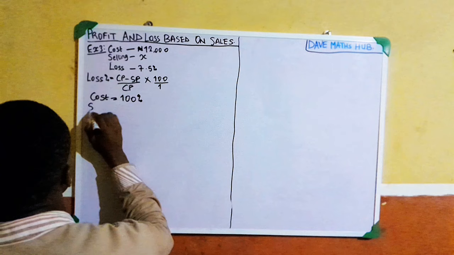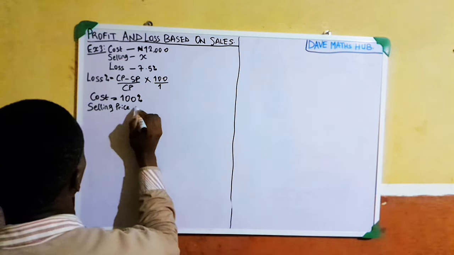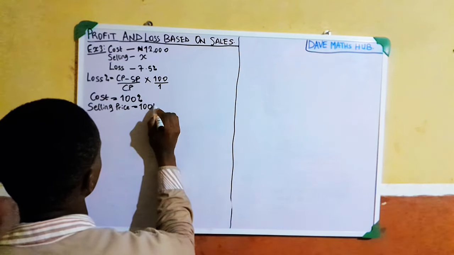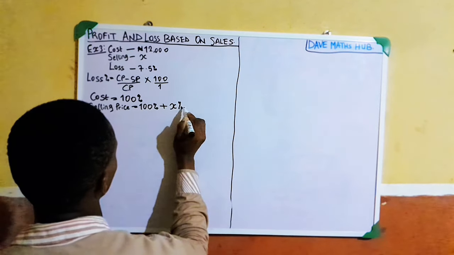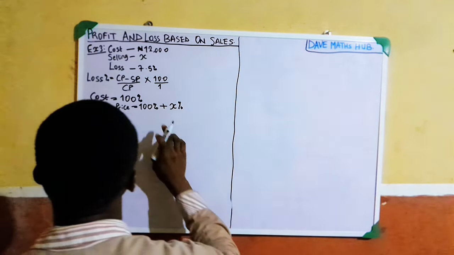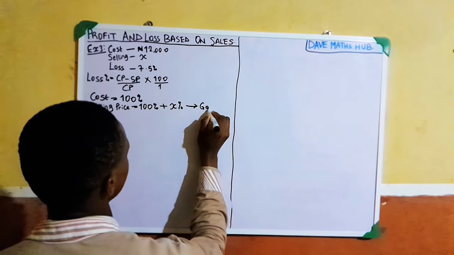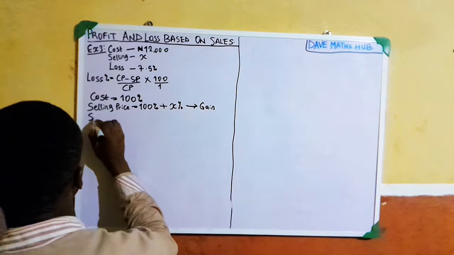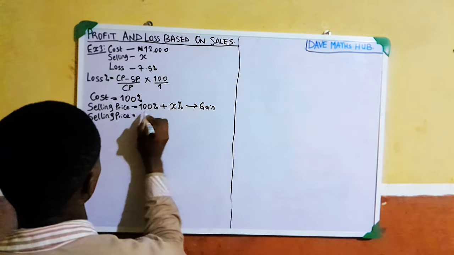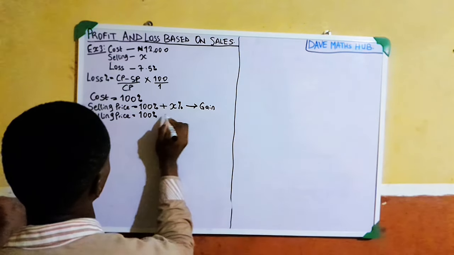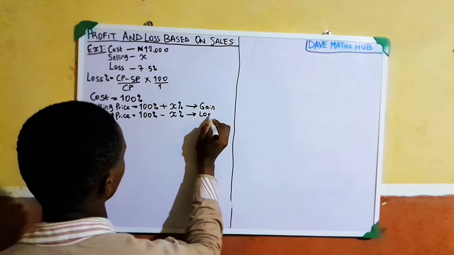Now, selling price will be 100% plus X percentage, which will bring about a gain. Then, selling price equals 100 percentage minus X percentage, which will bring about a loss.